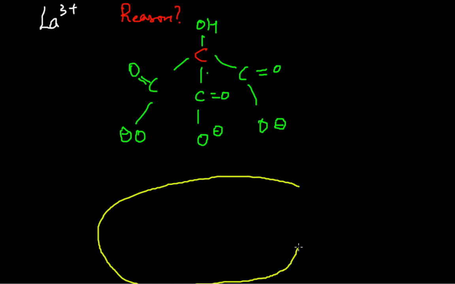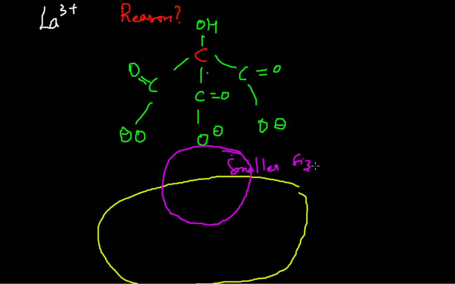Your ion is this big. This citrate ion will not be able to hold it. In the other case, if it is only this much, the smaller lanthanide ion is held very tightly by a citrate ion.